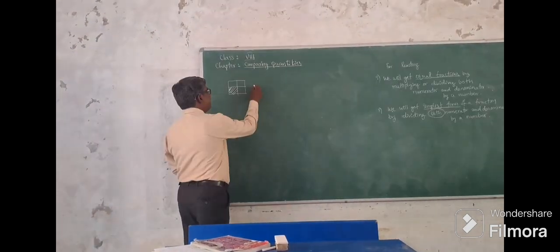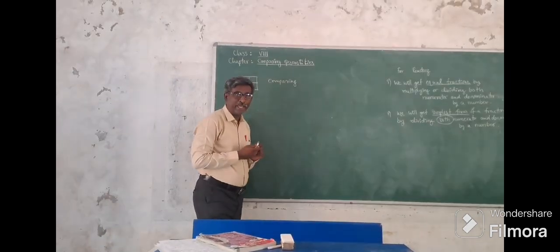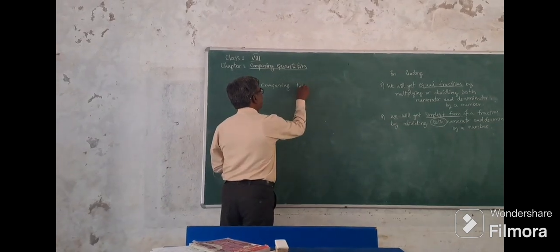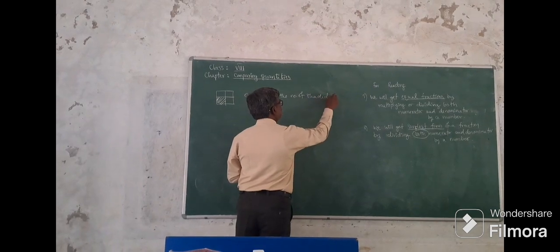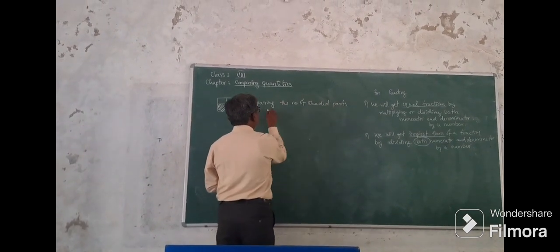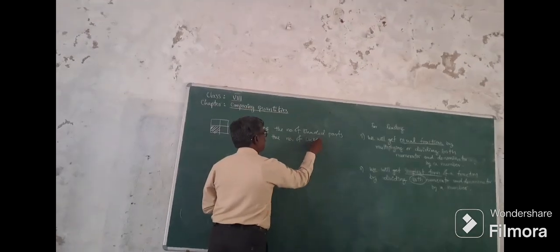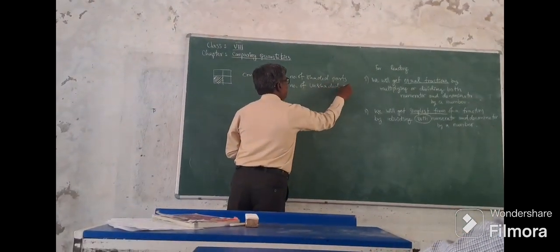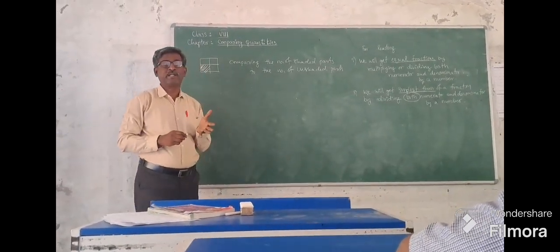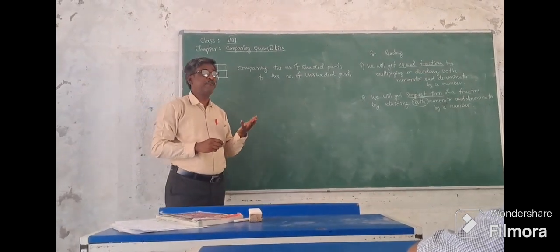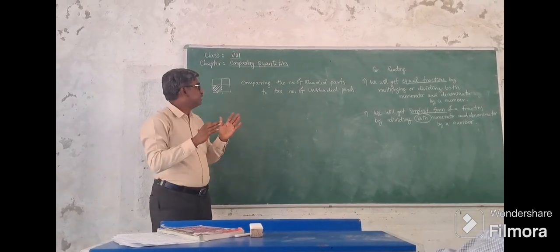So now here I am going to compare the number of shaded parts to the number of unshaded parts. Up to now, we have represented the fraction form of individuals, that means shaded part and unshaded part.